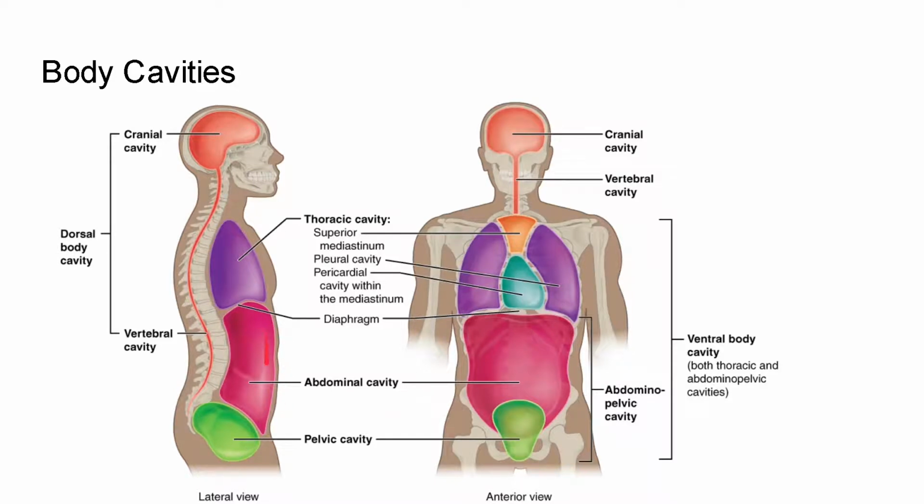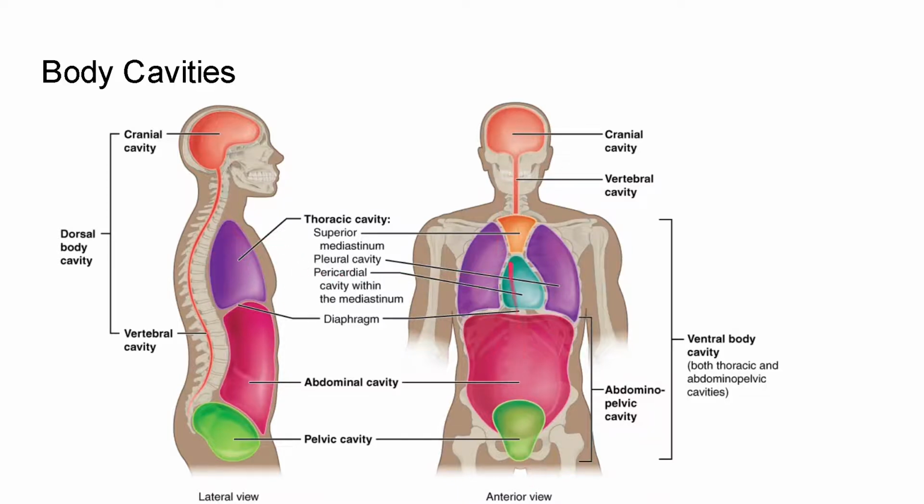Abdominal cavity holds the organs in your digestive system, like liver, gallbladder, kidneys, stomach, large intestine, small intestine. You have your thoracic cavity that holds your lungs and your heart.